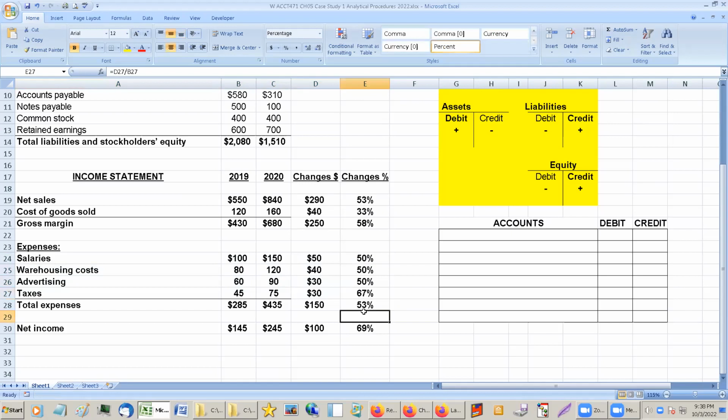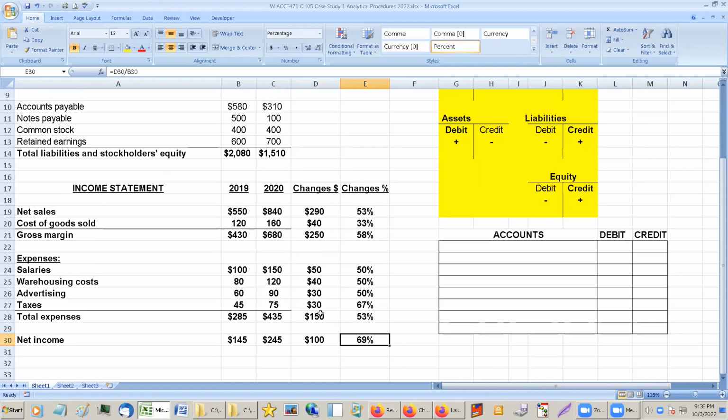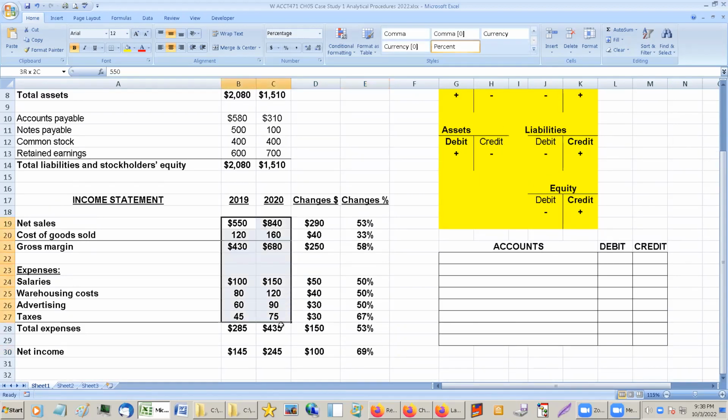Tax is a little bit different, and income went up by 69%. Okay, so while it looks curious that the sales increased so much, overall it doesn't look too bad because these other accounts, other than the cost of goods sold, fall in.